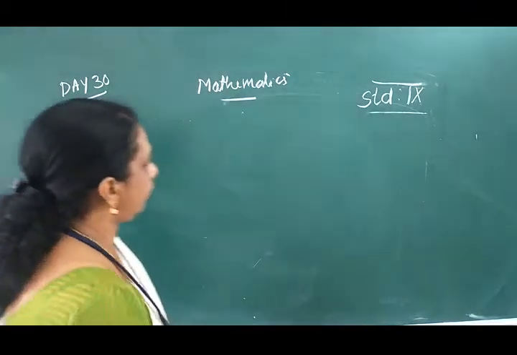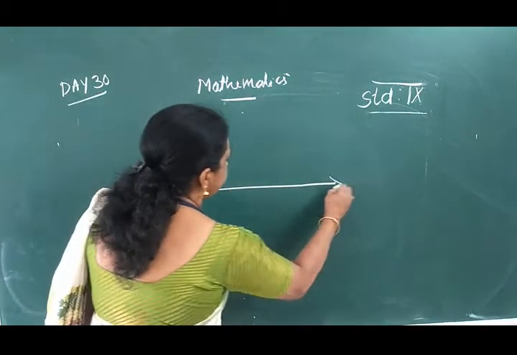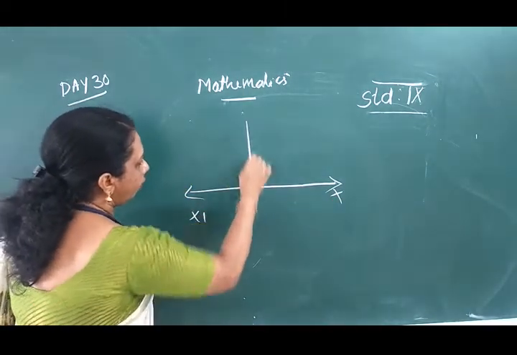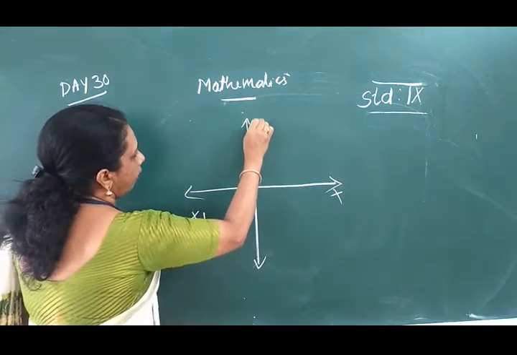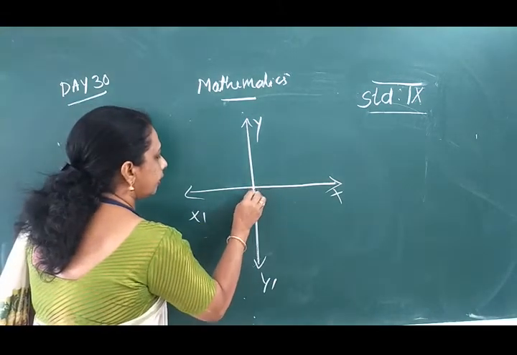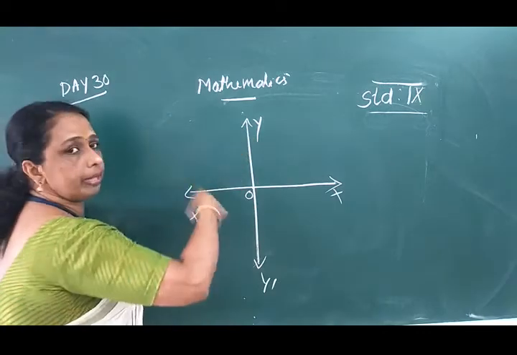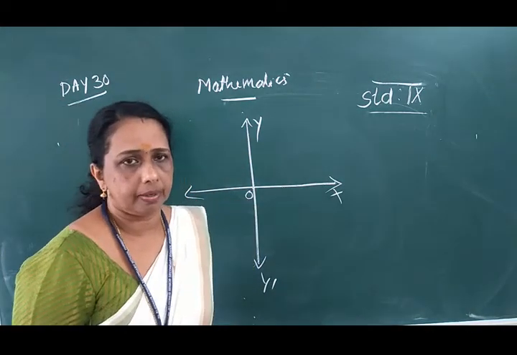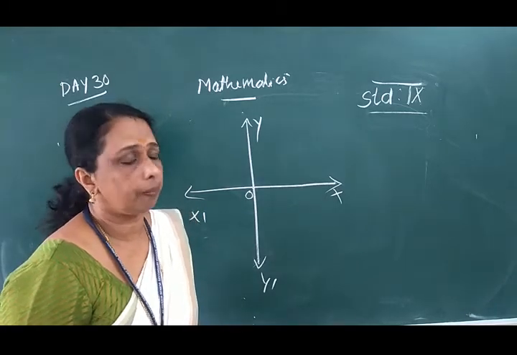You already studied the x-axis, that is a horizontal line, X dash, and the y-axis, Y dash, which intersect at the origin. They form the Cartesian plane, or xy plane, or coordinate plane.